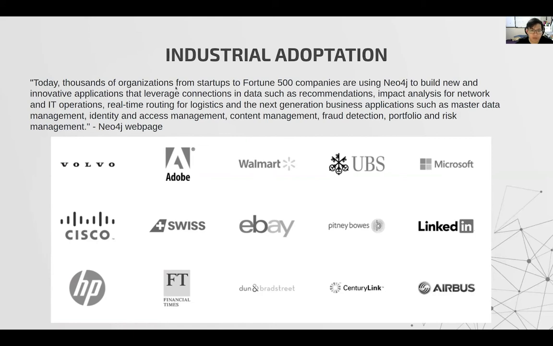Today, thousands of organizations, from startups to Fortune 500 companies, are using Neo4j to build new and innovative applications that leverage connections in data, such as recommendations, impact analysis for network and IT operations, real-time routing for logistics, and the next generation of business applications, such as master data management, identity and access management, content management, fraud detection, portfolio, and risk management.